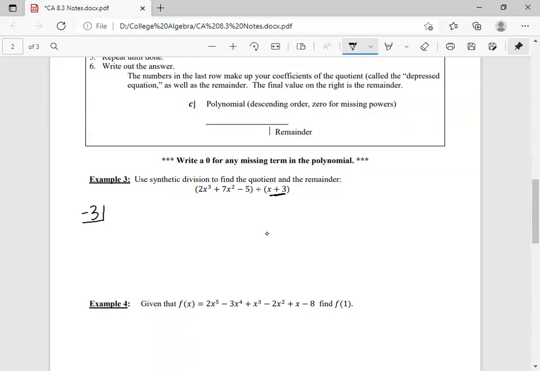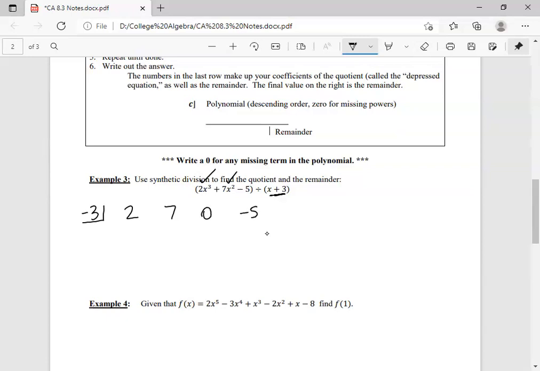So then we're going to come over here and say 2. Well, that represents the x to the third. Then I'm going to put 7 because after x to the third, the next one would be x squared. Then I don't have an x, right? It's x to the third, x squared. We don't have an x to the first. So what do I have to put? 0.